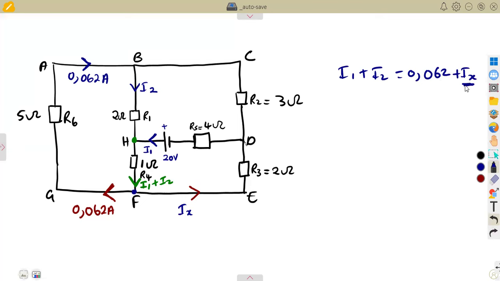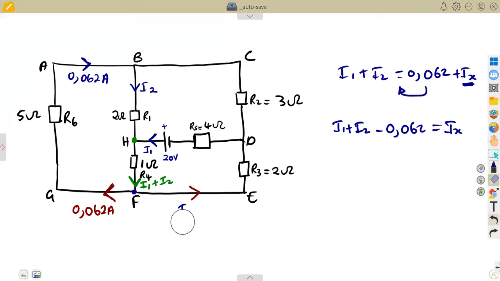So we want to find an expression of this Ix in terms of these. We're going to take this to the other side, so it's going to be I1 plus I2 minus 0.062. So this is our Ix.